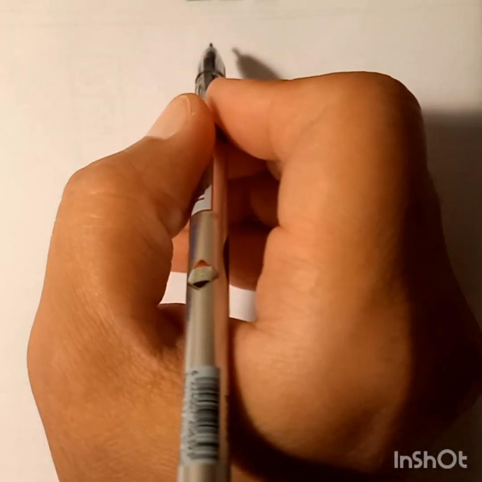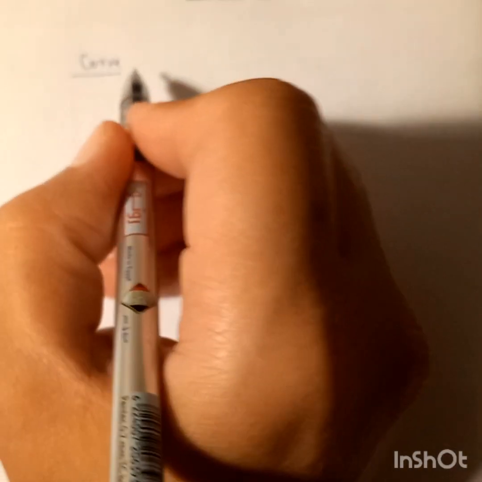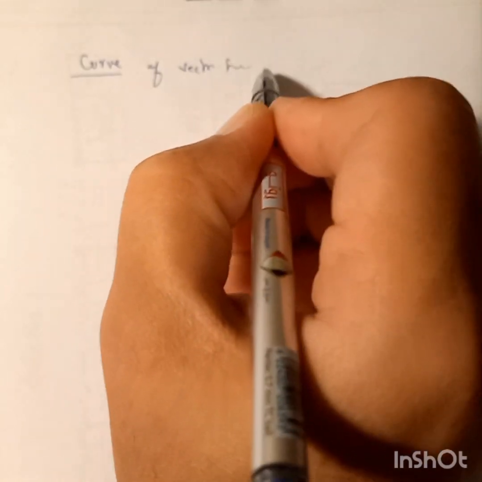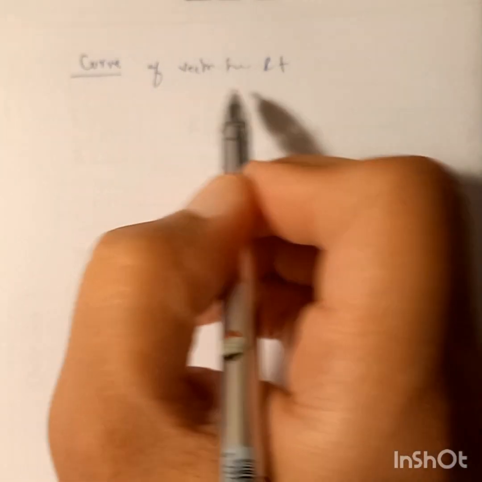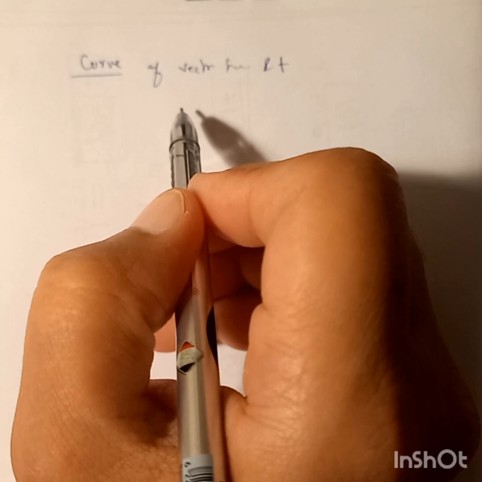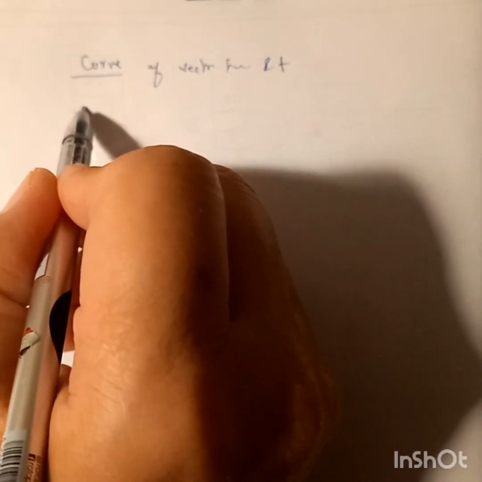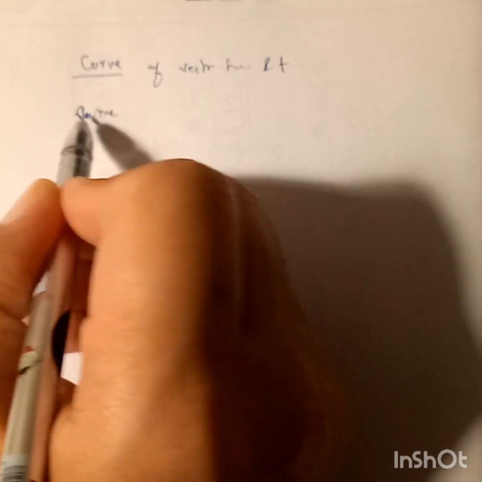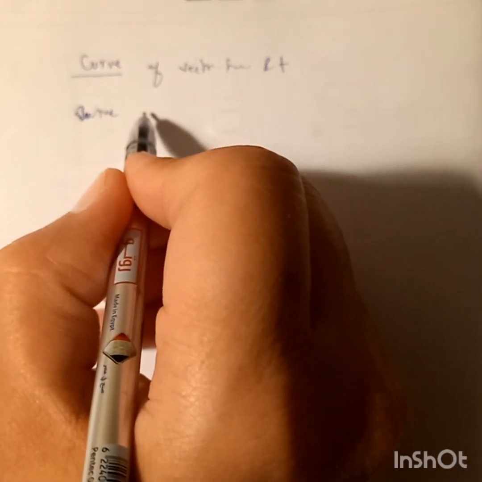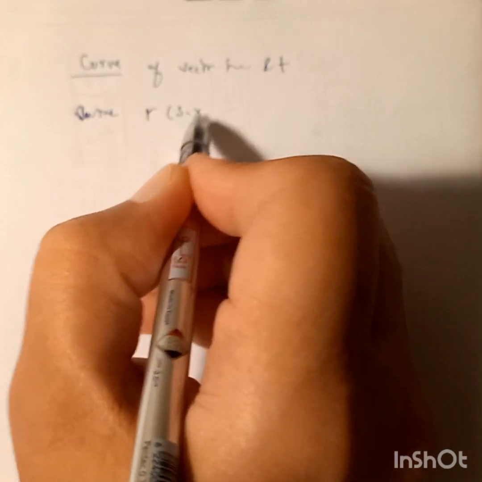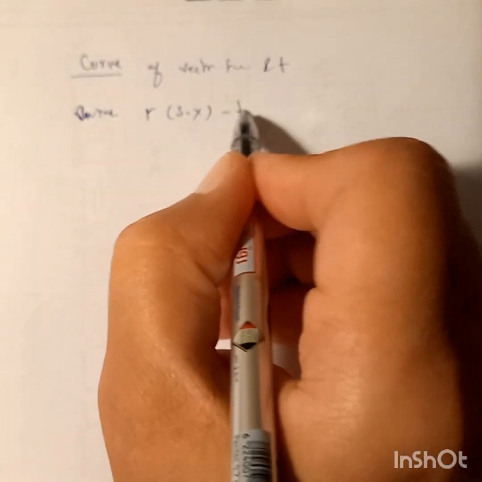Now we are going to explain the curves of vector functions and time relating to the rectilinear motion of any body. First, we have the curve representing the relation between position r, or s, or x, and the time t.